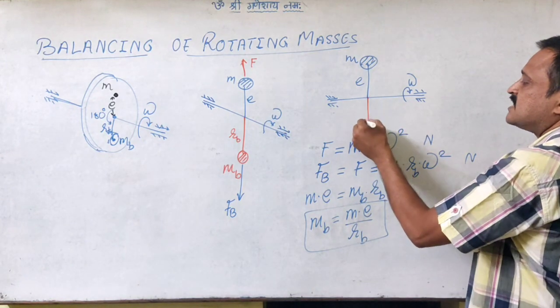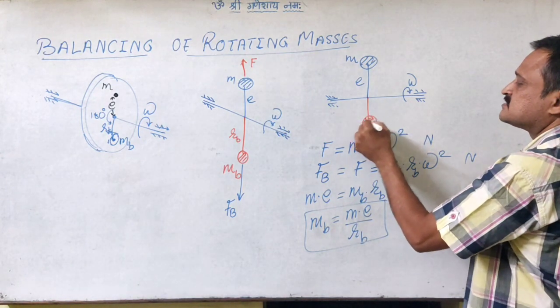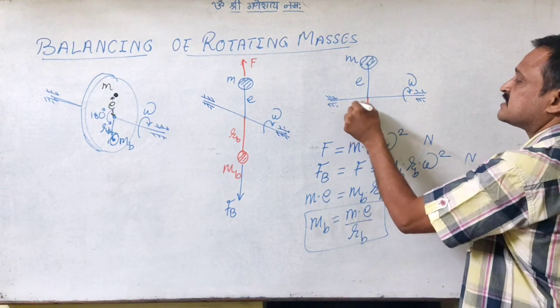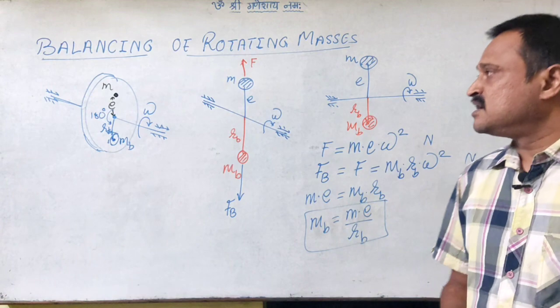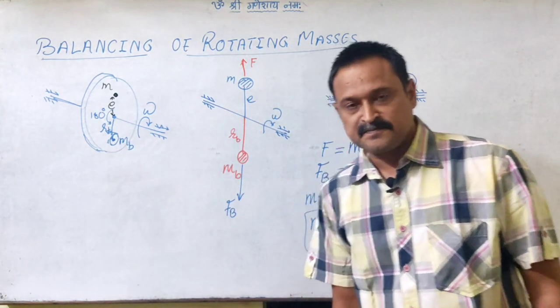So as we see here, I place this balancing mass at this radius, and that is how I am balancing this system.